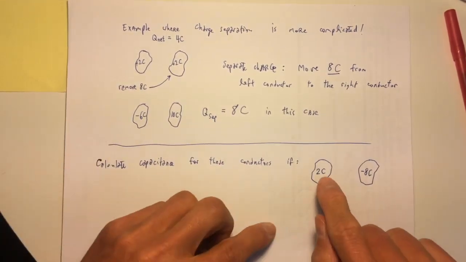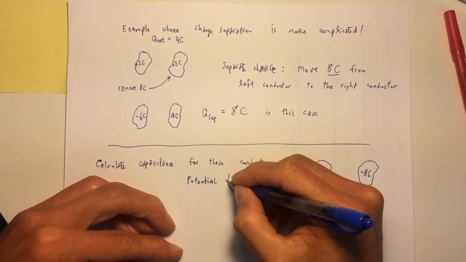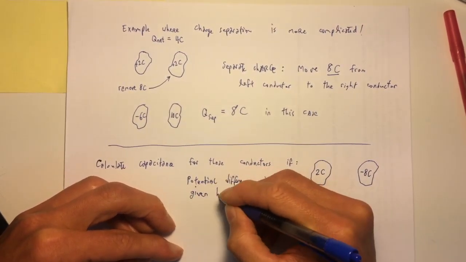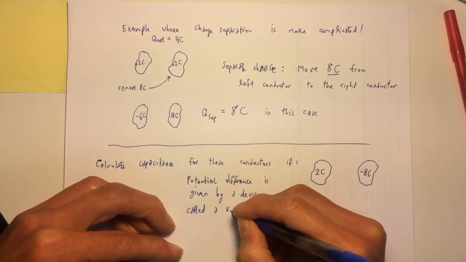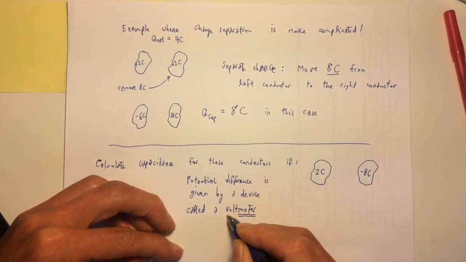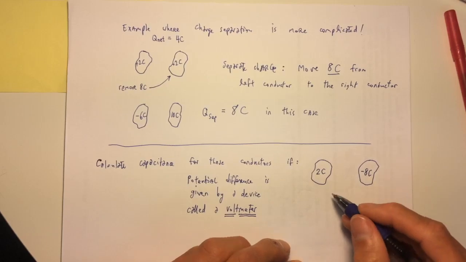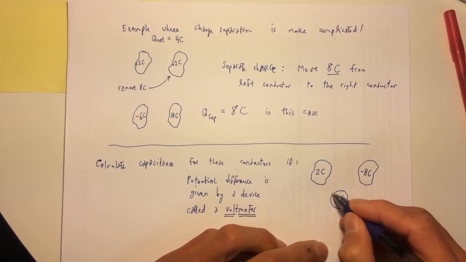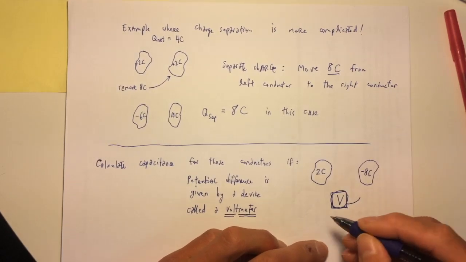But another thing, so these are the charges, and the potential difference is given by a device called a voltmeter. So it is a device that measures or meters voltage difference. And typically in diagrams, the voltmeter is a little device. Maybe I'll draw it as a square or like a rectangle. And this little rectangle has 2 wires.